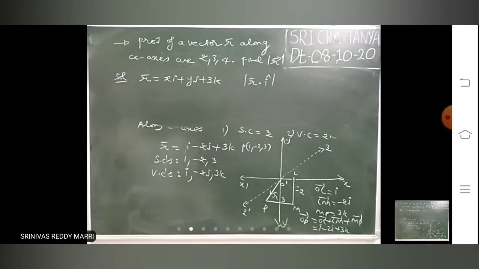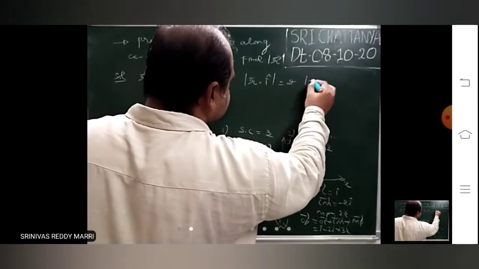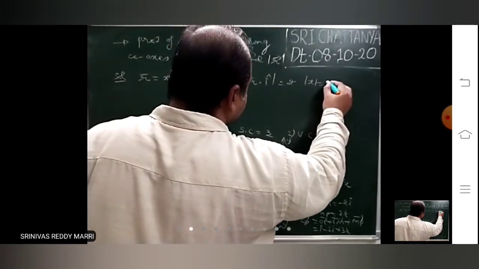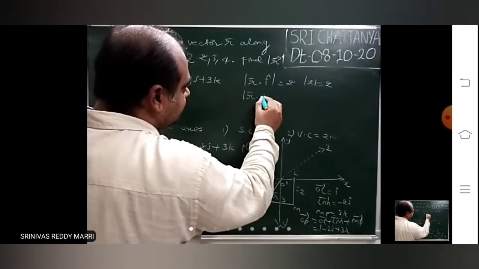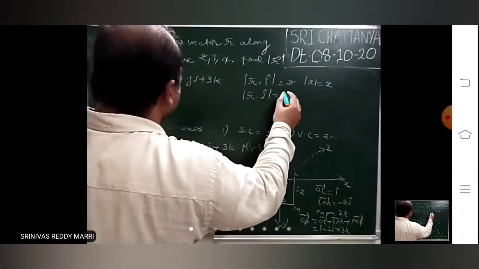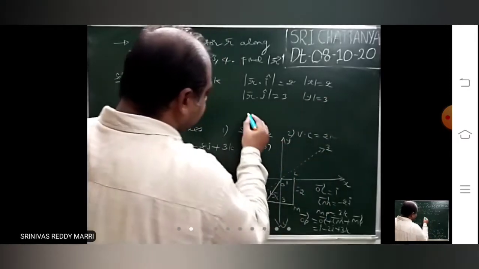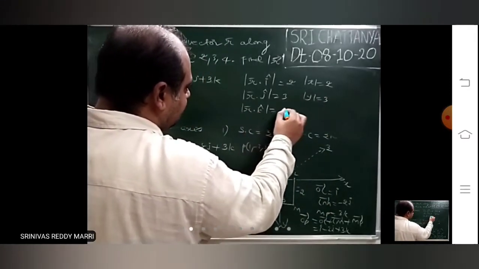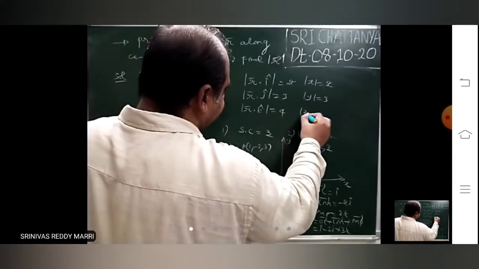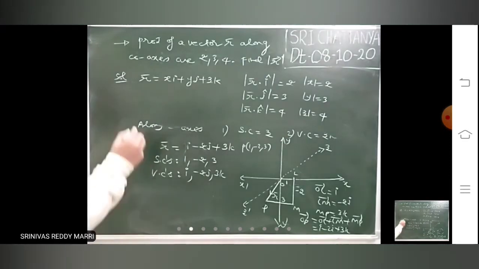Modulus of r bar dot i cap is nothing but 2, given. That means modulus x equals 2. Modulus of r bar dot j cap is nothing but 3. That means modulus y is 3. Modulus of r bar dot k cap is nothing but 4. Modulus z is 4. So those you got.